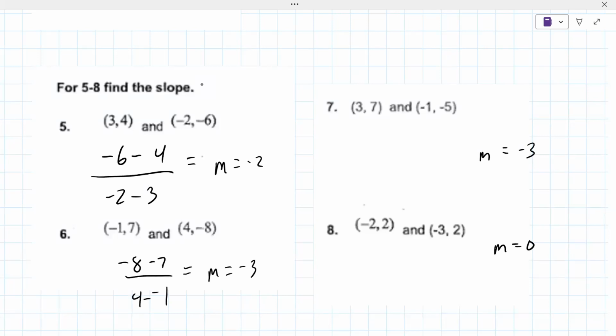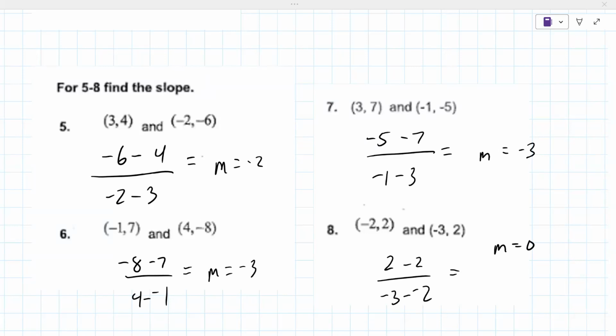Good there. -5, -7, -1, -3, 2, -2 over -3 minus a -2. These all look good. I think they're fine.